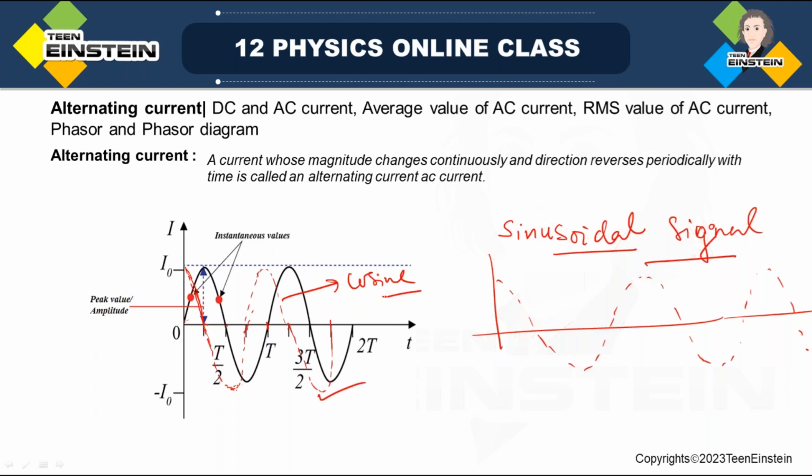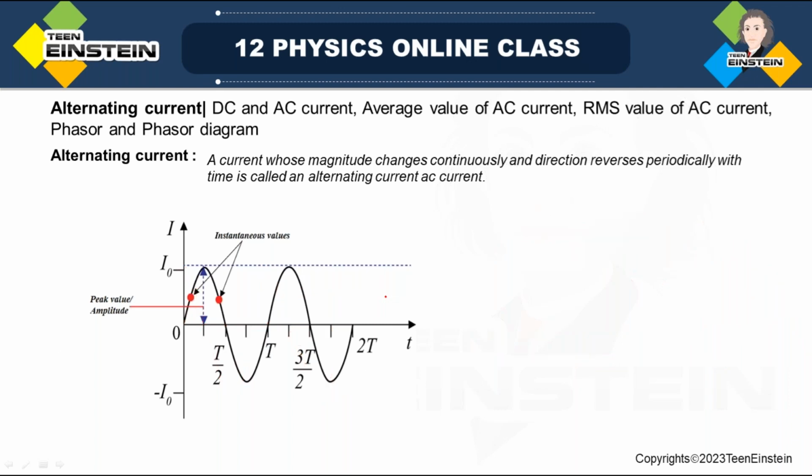Cosine function with time. So we have learned that it should have a periodic change both in magnitude and direction. So alternating current is best represented by the sinusoidal curve.